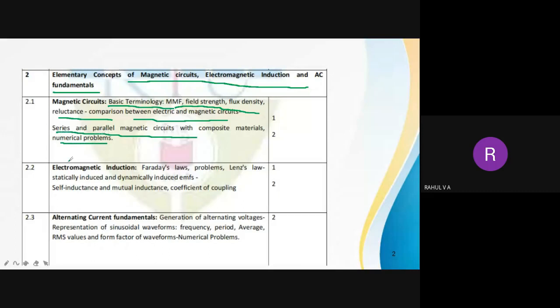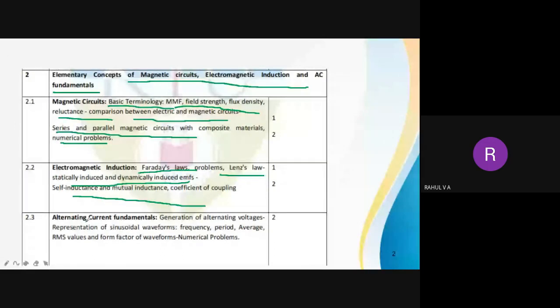Then we have to learn about electromagnetic induction. In this part, you already studied Faraday's law, Lenz's law, then statically induced and dynamically induced EMF. So that basic you have. Then there is one more topic, self-inductance and mutual inductance, then coefficient of coupling, that we have to learn. After that, we have to learn about alternating current fundamentals. That is about a sine wave.